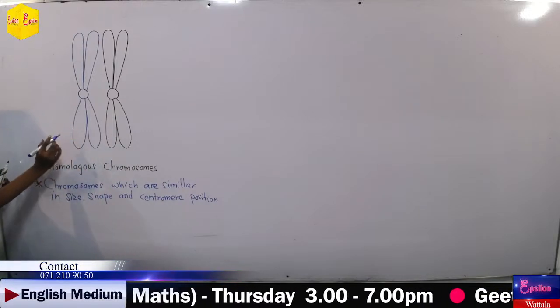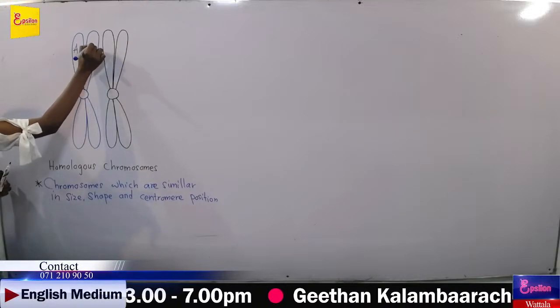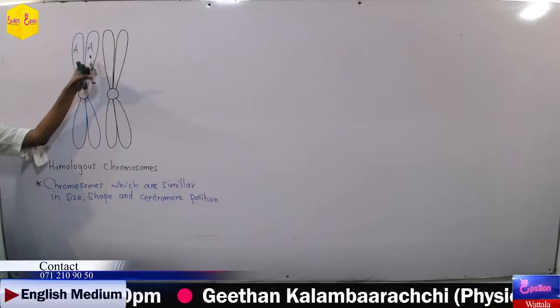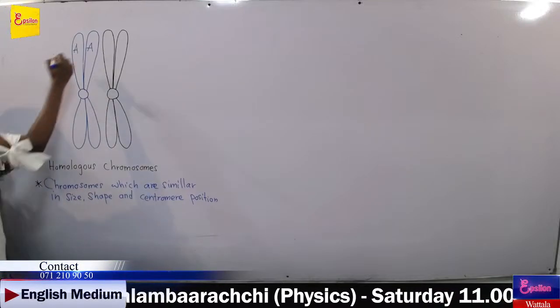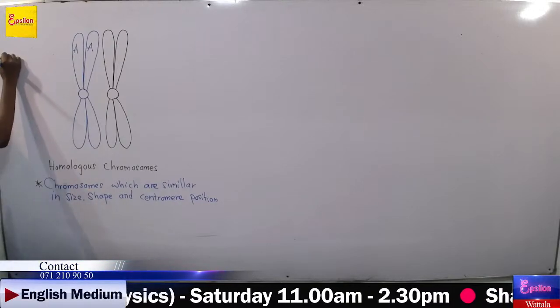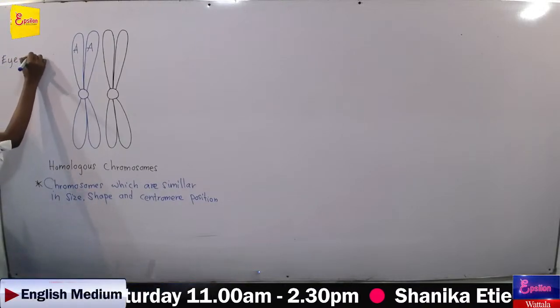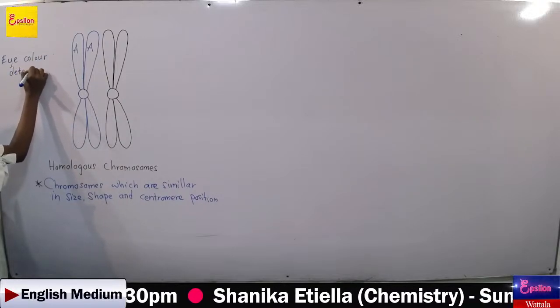So, let's say there's a particular gene called capital A. Let's say these two sister chromatids now have the same DNA molecule. So, that capital A should come to the next one also. Let's say this is the eye color determination gene.